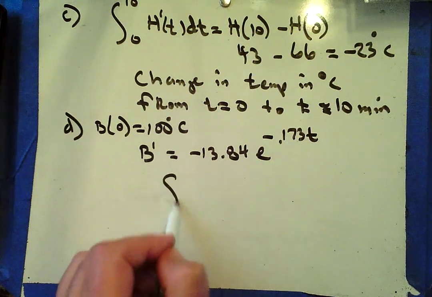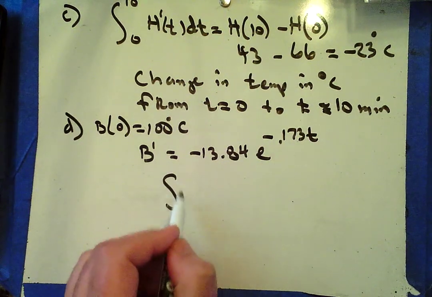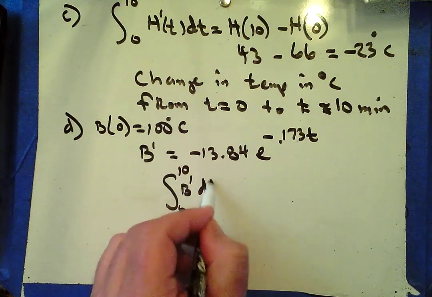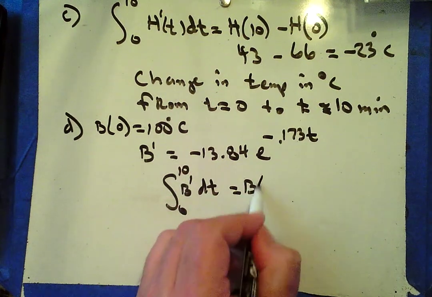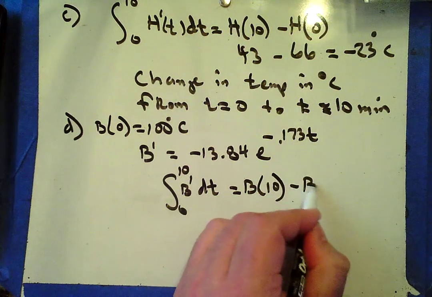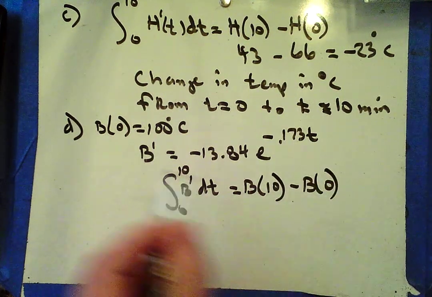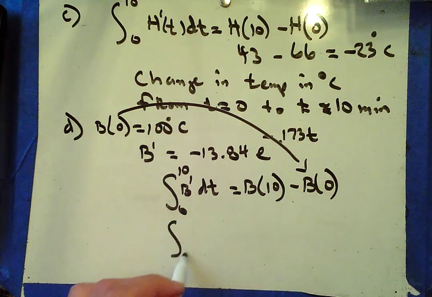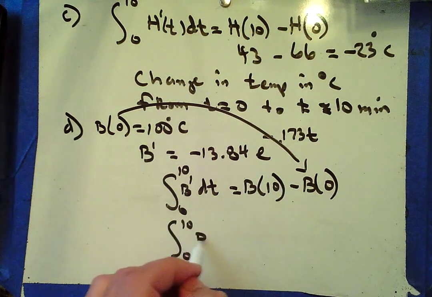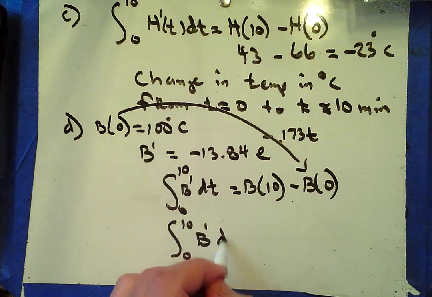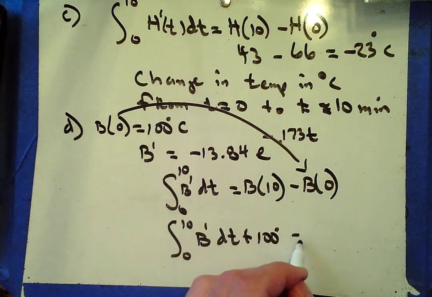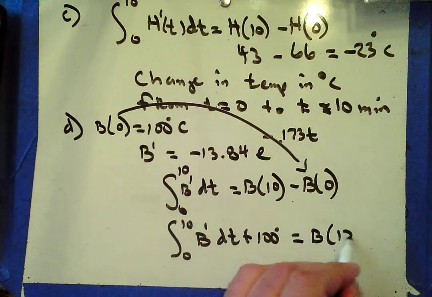And we know that if we integrate b prime from 0 to 10 dt, that's going to be b of 10 minus b of 0. Well, I know that b of 0 is 100, so I'm going to do this integral on my calculator because it's a calculator portion, and I'm going to add 100 degrees to that to get b of 10.